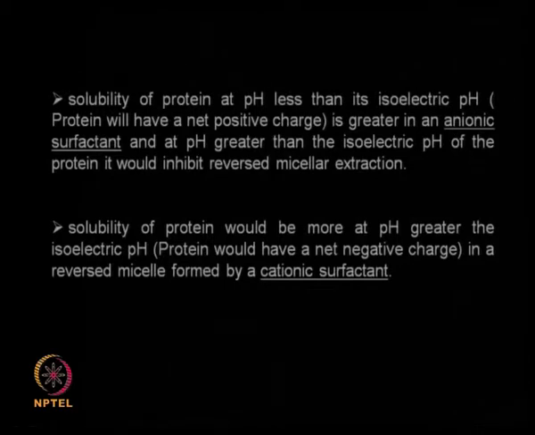So by selecting the surfactant depending upon the pH at which you are going to operate, you can increase the solubility of the protein. Or conversely, if I know what type of surfactant I am going to use, then I will select the pH either greater than or less than the isoelectric pH. By adjusting the pH based on the isoelectric point, I can increase the solubility of the protein in that particular surfactant.